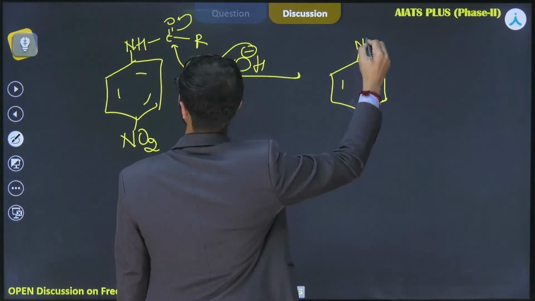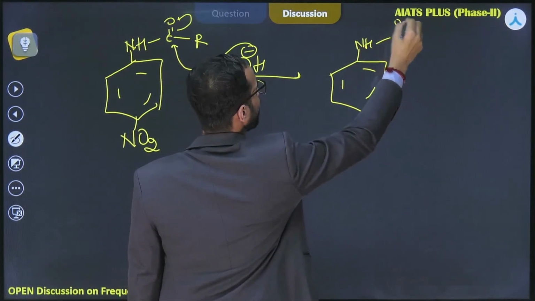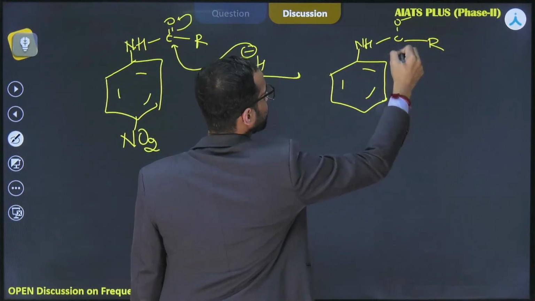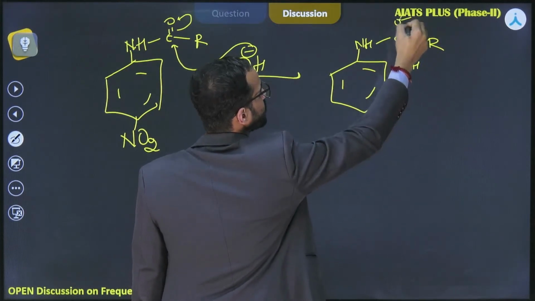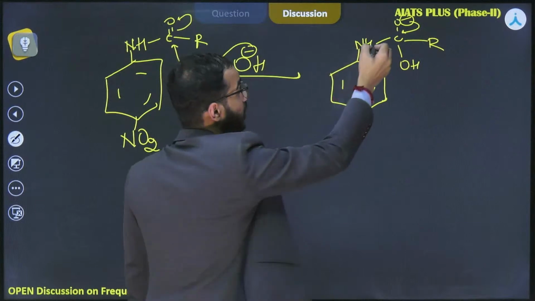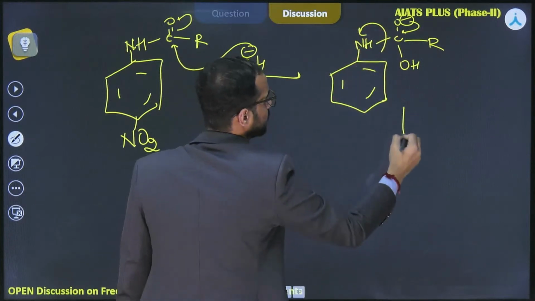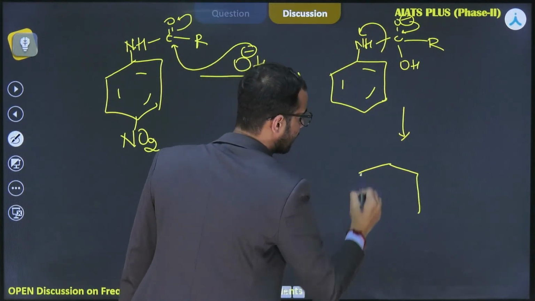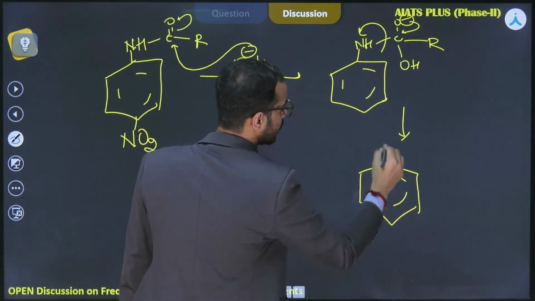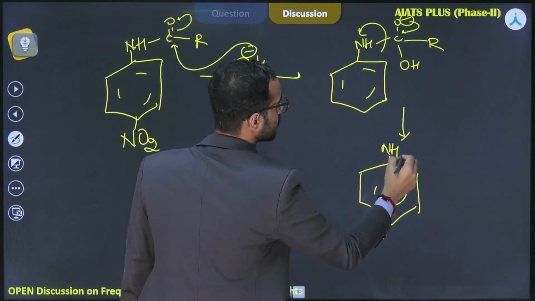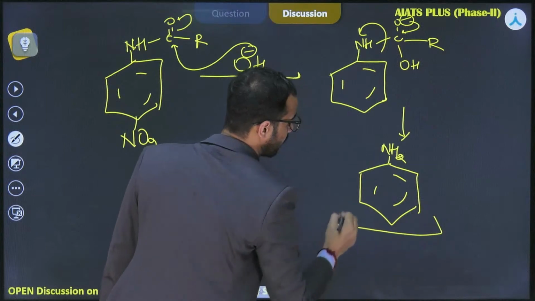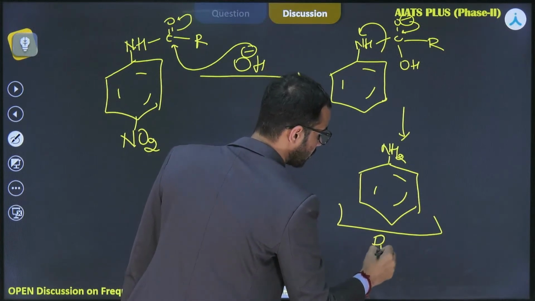This is NH, CO minus, R is already present, this is OH, so this negative charge will come over again and this will go back, and the bond will be cleaved. You will be getting NH2 as a final product.